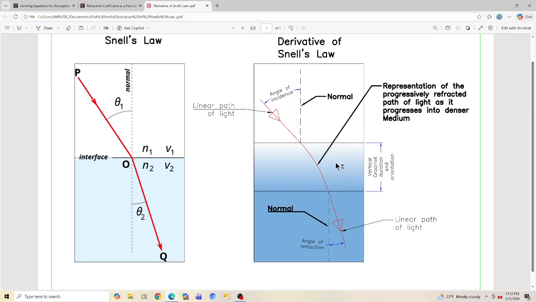Okay? Mathematically, this is represented as a radius of the light's path. The radius of light travel. Okay. Not a problem with that logic. But the light originally started off in a straight line, and at some point, if it exits the rate of change, it's going to continue in a straight line.